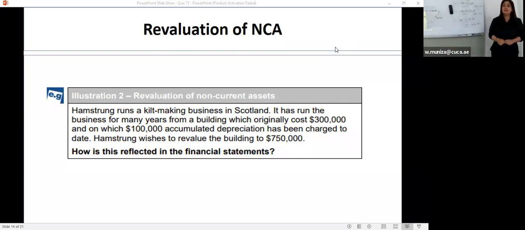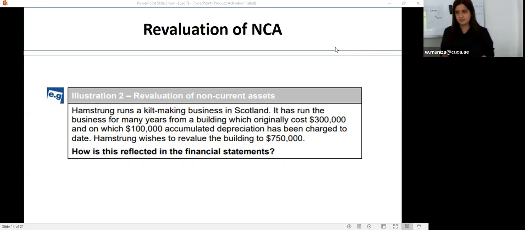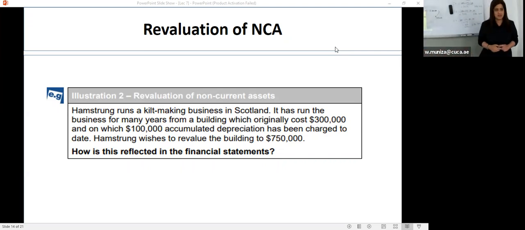So now we are comparing the carrying value of an asset with the revalued amount of an asset, because we had depreciation in this case. In the previous case, because we did not have depreciation, costs were compared with the revalued amount. Clear? Please write it if you want.